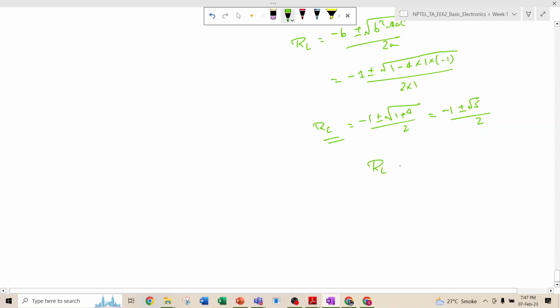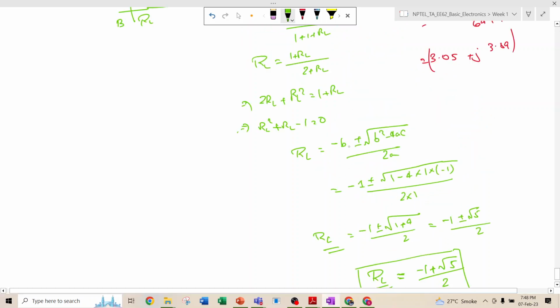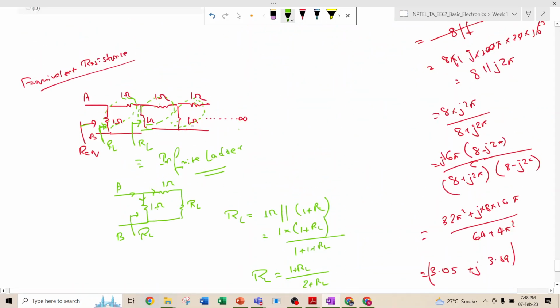Root 5 is larger than 1, so it should be minus 1 plus root 5, otherwise it will turn out to be negative. As the resistor RL cannot be negative, because it's an element, it has some value, so we are considering the plus root. Whatever the answer, that will come as RL. So in this way, we need to solve this equivalent resistance problem, particularly this infinite ladder series problem. This is known as infinite ladder.